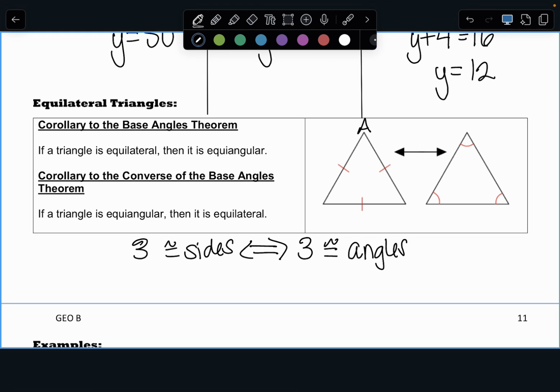So let's label our picture again, A, B, C. This is also a theorem that should definitely go on your cheat sheet. Again, the main corollary goes from sides to angles. And the converse goes from angles to sides.